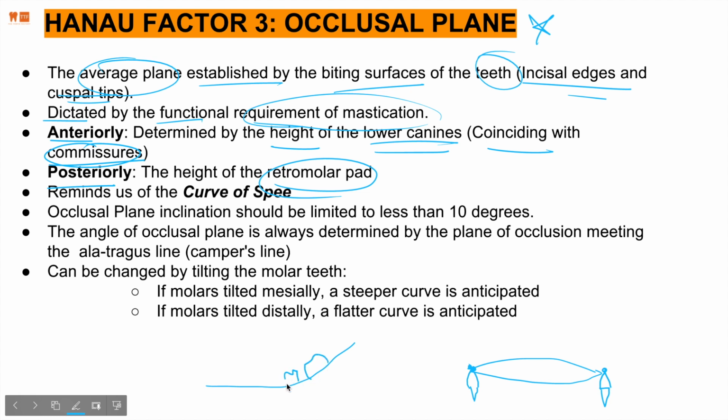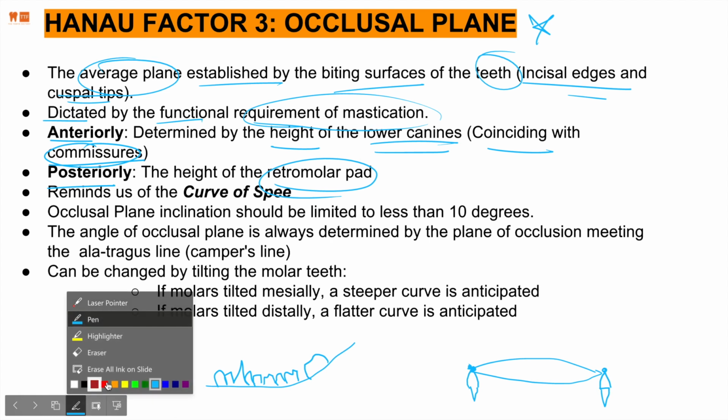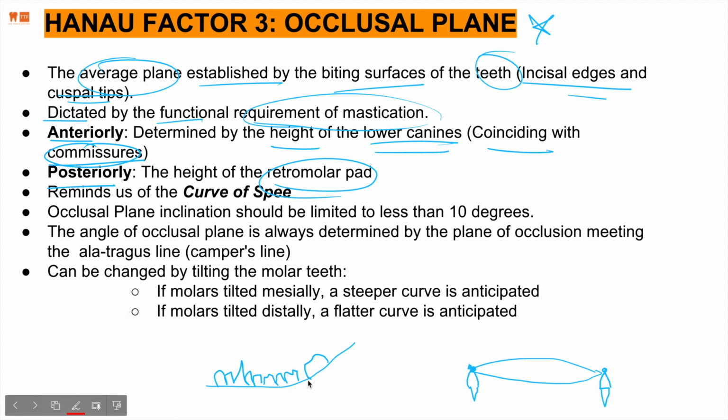This is your third molar, second molar, first molar, premolar, canine, incisor, incisor. Okay? I know it looks like a skyscraper, but bear with me here. Any tissue behind here is retromolar pad, and that determines the occlusal plane posteriorly. Anteriorly, it's the canines meeting at the commissure of the lips.